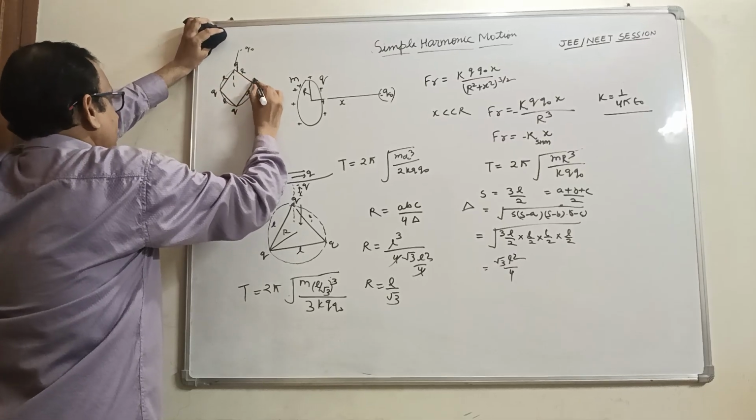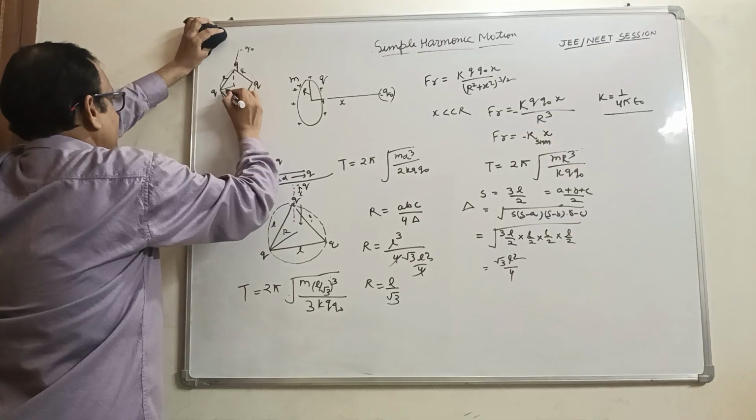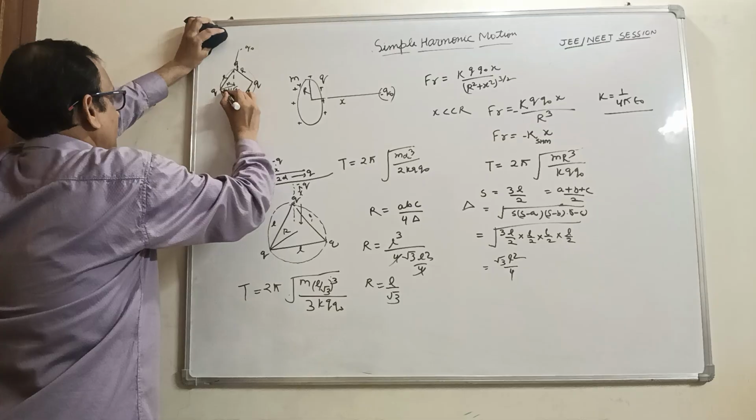A circumcircle is made here, so the radius R would be L by root 2 for this scenario.